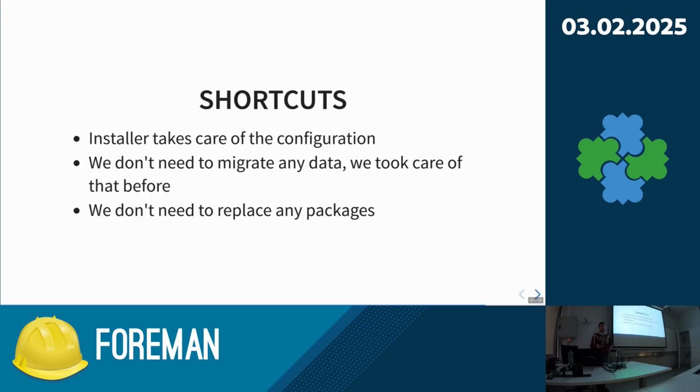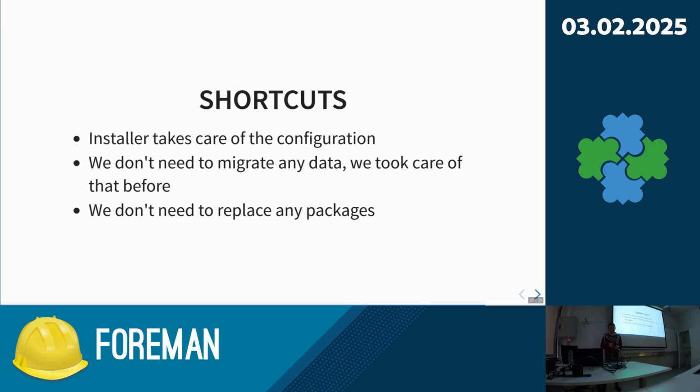We didn't have to migrate data. That's good. Because we were prepared. We knew that we can't have the same PostgreSQL version, so we upgraded it before that. And package replacement was not really necessary. So all the package installation messages that we emitted in our actor were essentially a safety net to say, if that package cannot be reinstalled, your repository setup is broken.